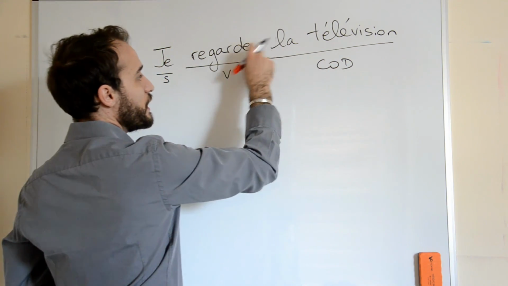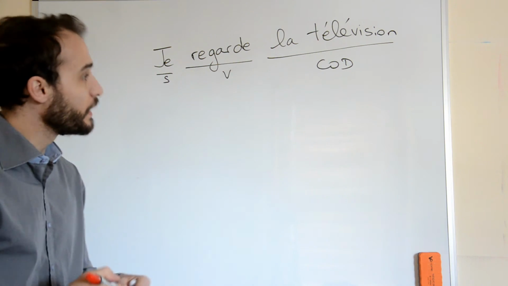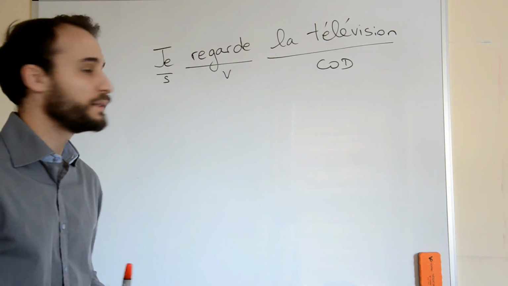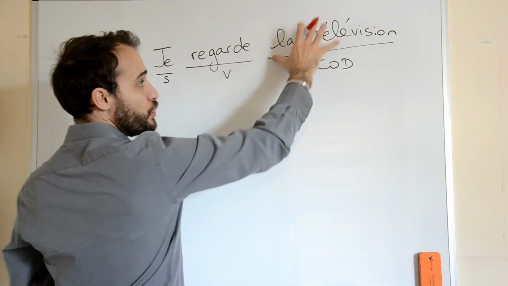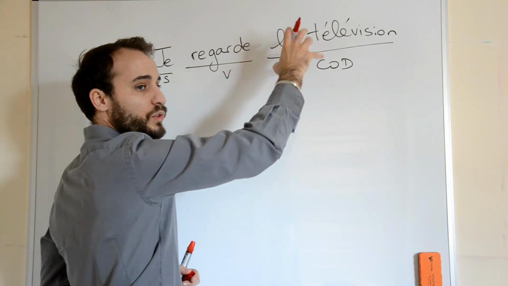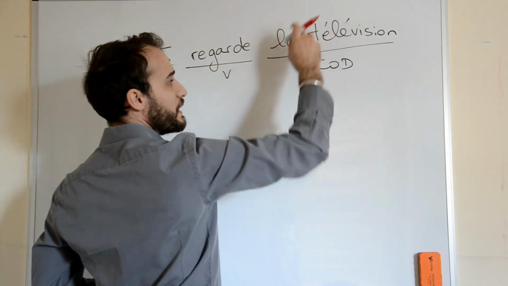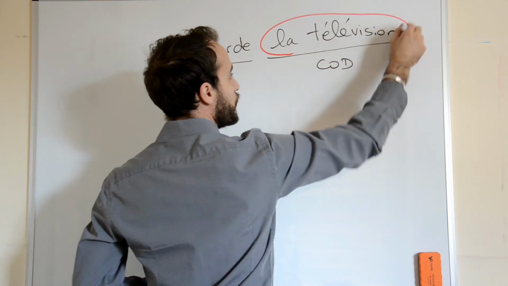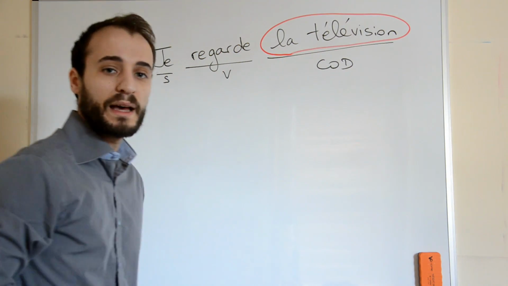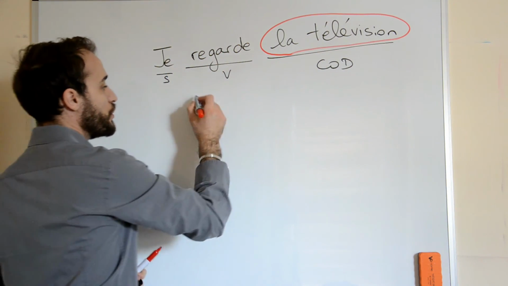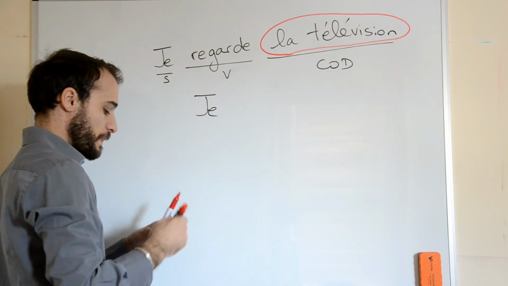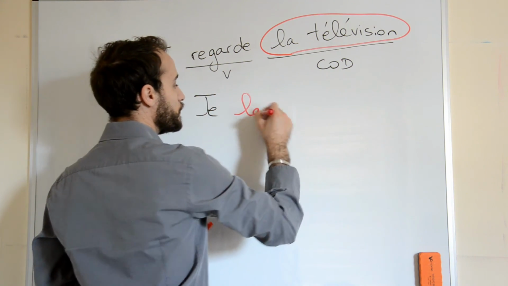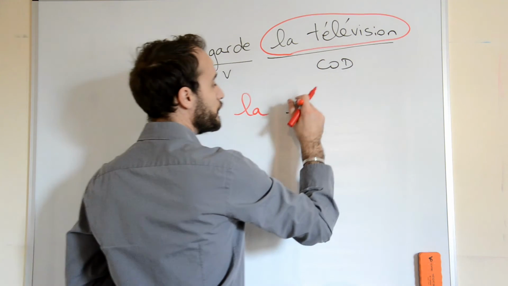Right? Because there is nothing here. So regarder, it's a direct verb. Now, if I want to use a pronoun, in other terms, if I want to substitute that, and if I want to use another sentence without repeating this, la télévision, then I have to say, je la regarde.